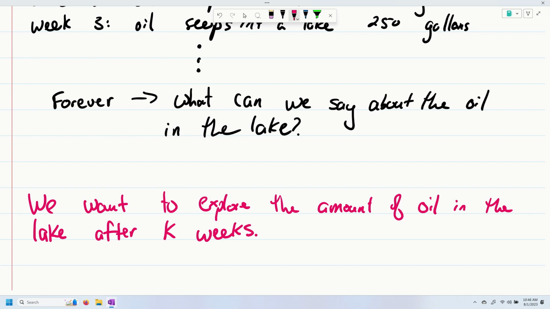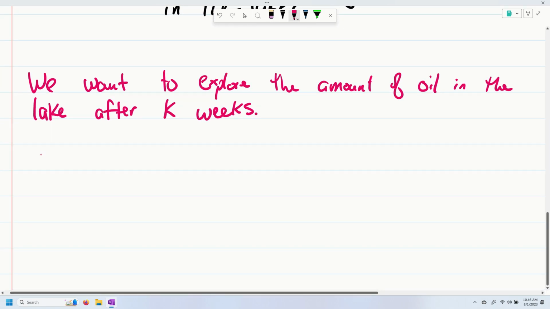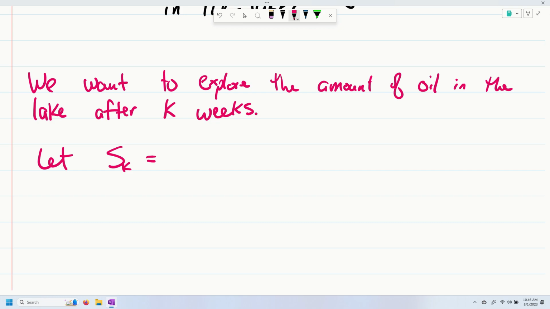We're going to let s sub k denote the amount of oil in the lake measured after k weeks.